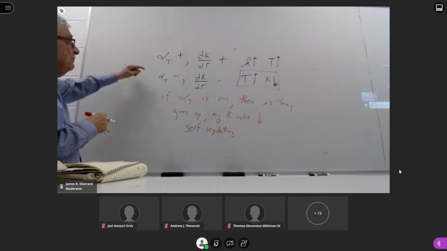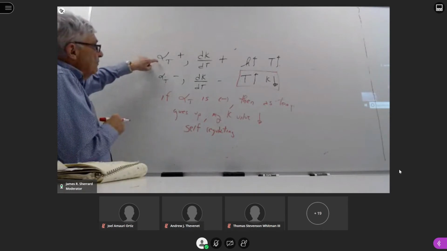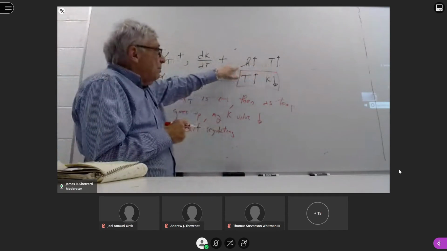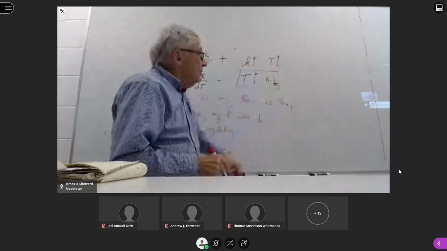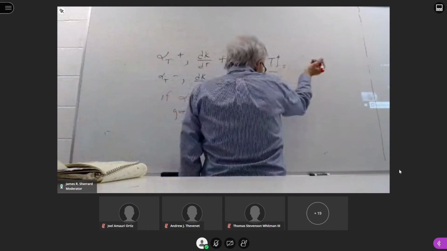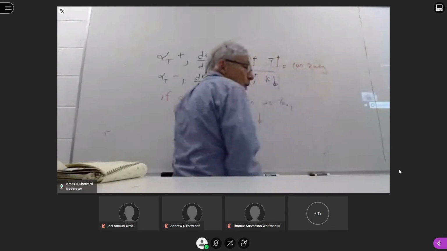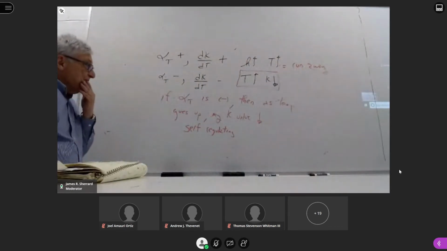So if we had alpha sub T being positive, if the temperature goes up, K goes up. If K goes up, the temperature goes up. So this could very well be a runaway situation.